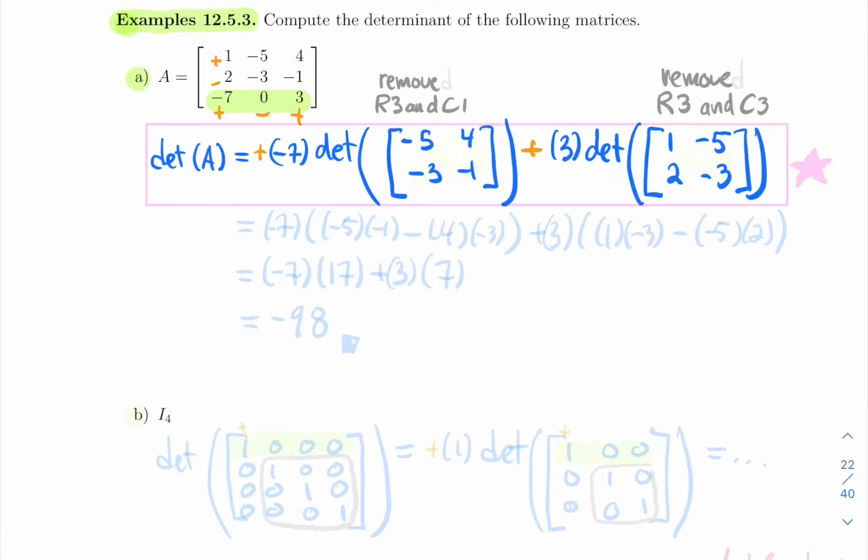And now the only thing you have left to do is to compute the 2x2 determinants. So I'll do my fish formula, and then I'll be done. So I get 7, open a bracket, minus 5 times minus 1 minus 4 times minus 3, plus 3, open a bracket, 1 times minus 3 minus 5 times 2.